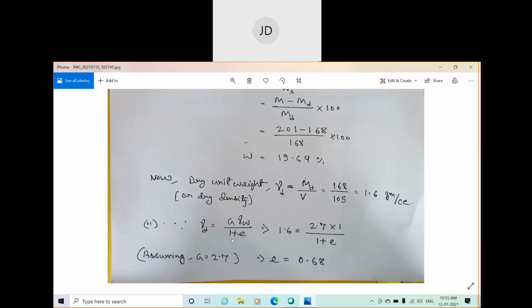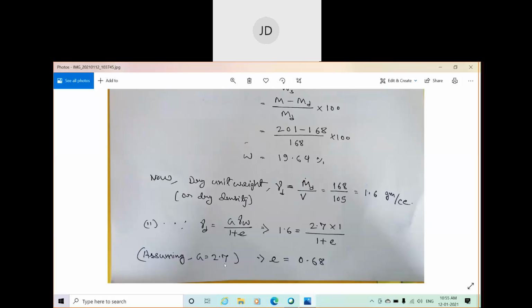We know this standard formula: gamma d, the dry unit weight or dry density of soil, equals specific gravity multiplied by the unit weight of water, divided by 1 plus e. This formula was already given to you in the first 2-3 classes, so just go through that. Our main aim is to find the void ratio e. In this formula, specific gravity is not given to you. If it is not given in your problem statement, then you can simply assume a value of 2.7.